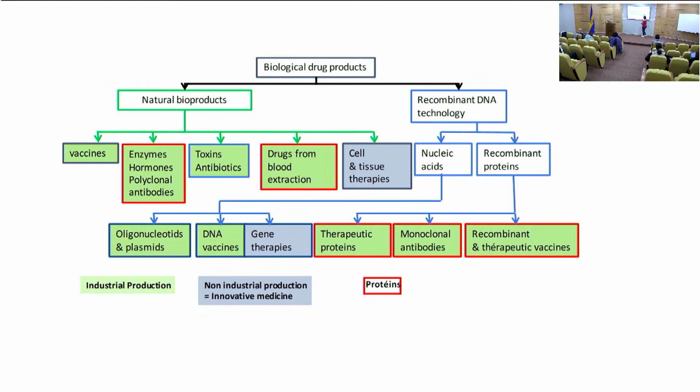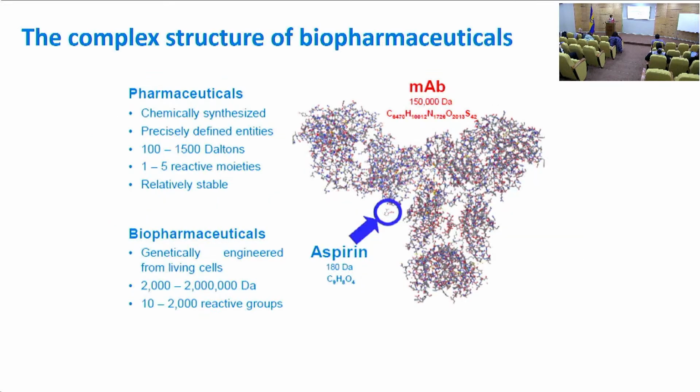And you have all the therapeutic proteins, monoclonal antibodies, and some recombinant or therapeutic vaccines, which are made of proteins or parts of proteins. So that's all the biological products.